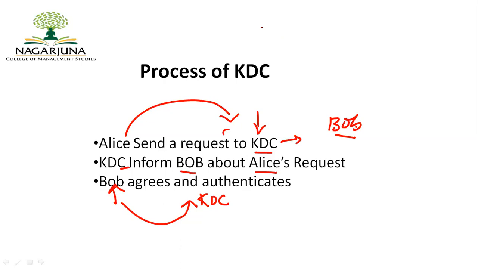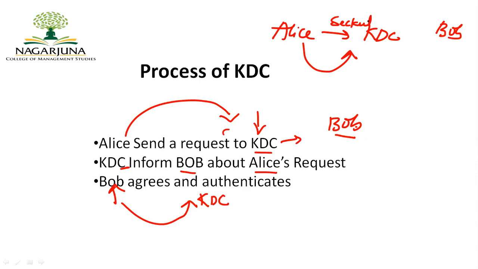I'll just repeat this. Now, Alice sends a request to the KDC that Alice would like to communicate with Bob, where Alice herself first of all has to authenticate that she is a valid user by sharing a secret key. As a part of it, the KDC sends a message to Bob that Alice would like to communicate with you.